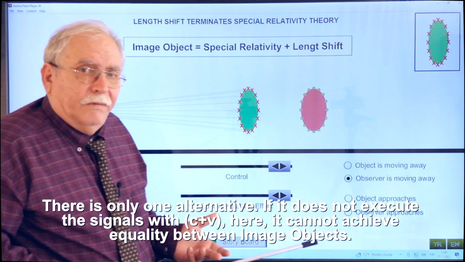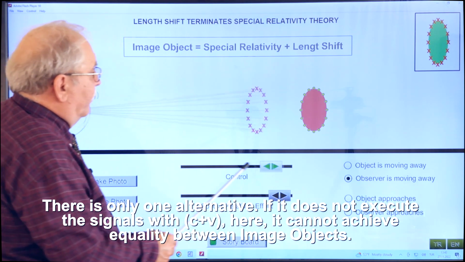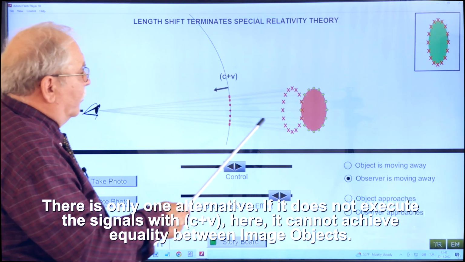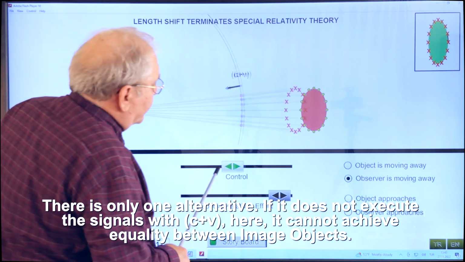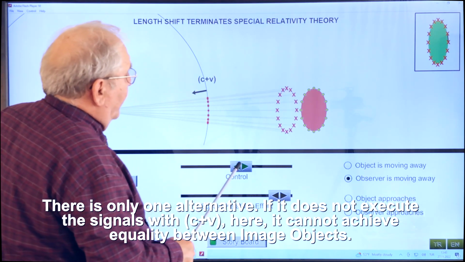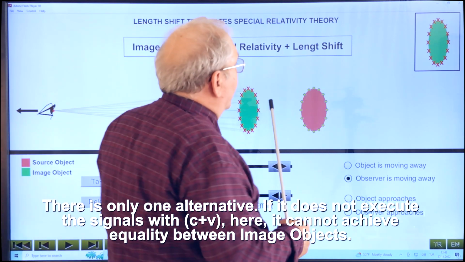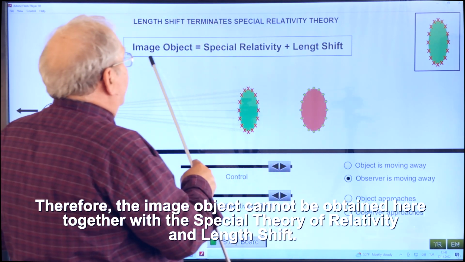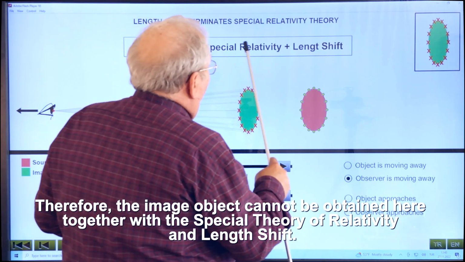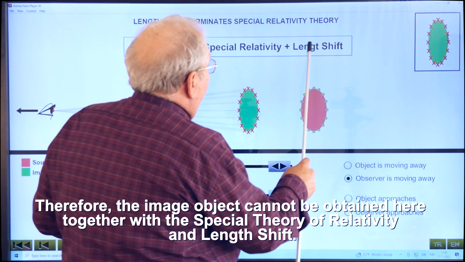There is only one alternative. If it does not execute the signals with c plus v, here, it cannot achieve equality between image objects. Therefore, the image object cannot be obtained here together with the special theory of relativity and length shift.